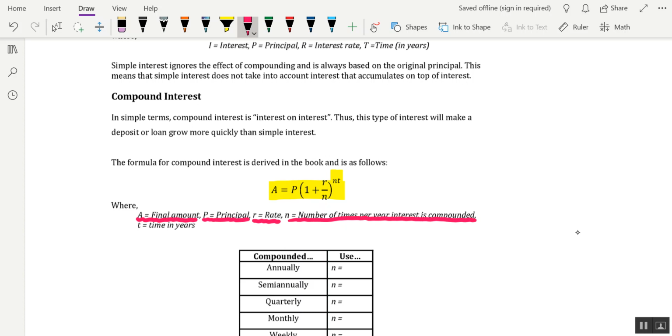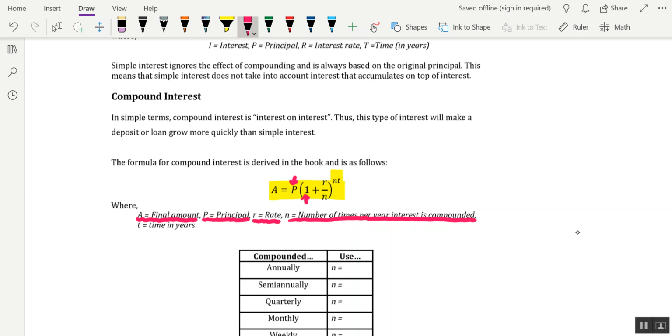So I want to talk a little bit about the format of this formula. On the right-hand side of the equal sign, we're seeing the variable P standing for the initial amount, or the principal. And right next to it, we're seeing 1 plus R over N. What the 1 does for us is it takes into account the most recent interest calculation.